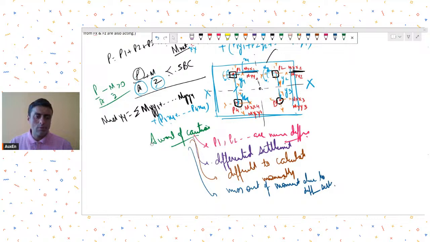So better to go with software like Safe or Stat Foundation. In our course on foundation design, we have done such combined footings on Safe, and it becomes quite easy that way. So that was my answer.